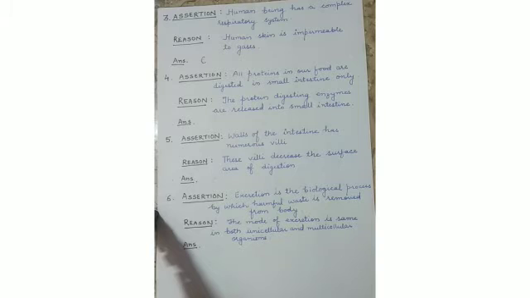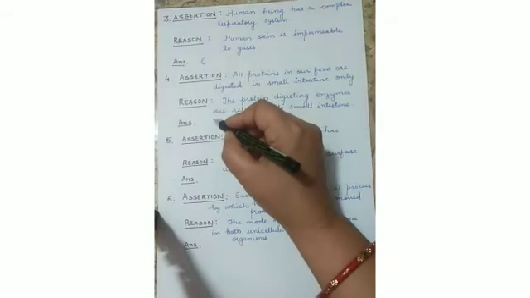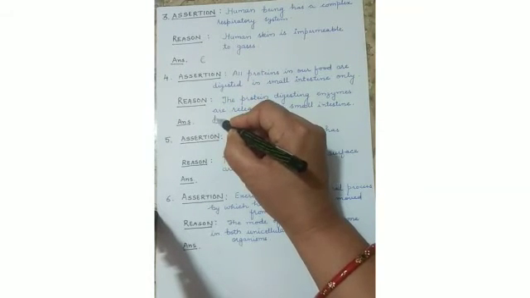But the reason, the protein digesting enzymes are released into small intestine. Yes, pancreas releases proteases, the cleavage protein bonds. So here what we see is that your right code is D. That is, assertion is false but reason is true. So again your answer is code D.